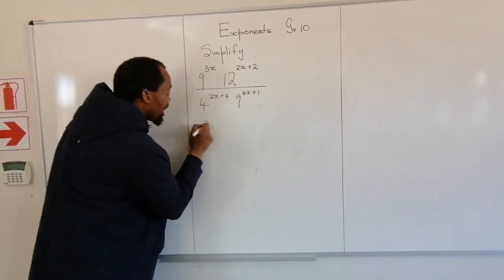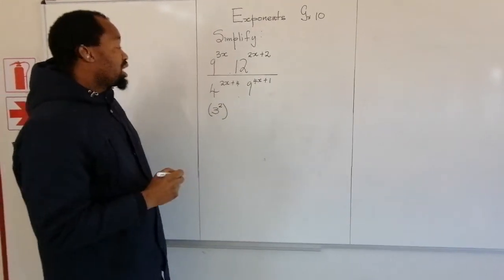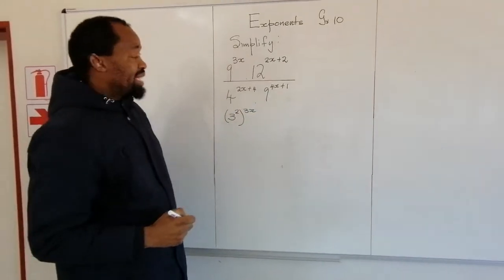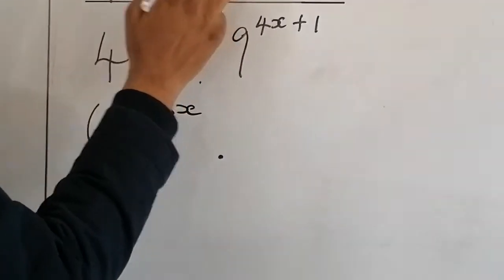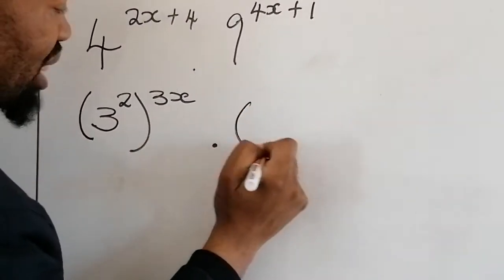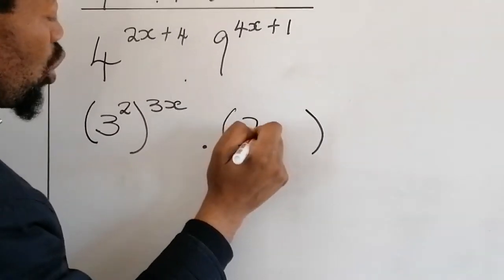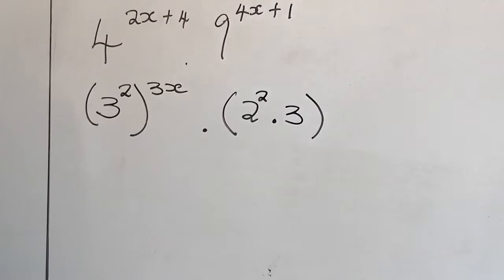That must be 3 squared. Now remember, 3 squared was raised to power 3x, multiplied by 12, which I'm factorizing so that the factors are prime numbers. That would be 2 to power 2 multiplied by 3.